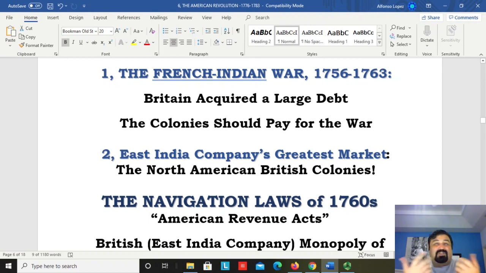Likewise, the British are going to do exactly that. They're simply going to give East India Company all the entitlements, all the rights to trade in North America. So products that had to be imported in North America, that the British colonists demanded, well, they have to be brought in by British companies.